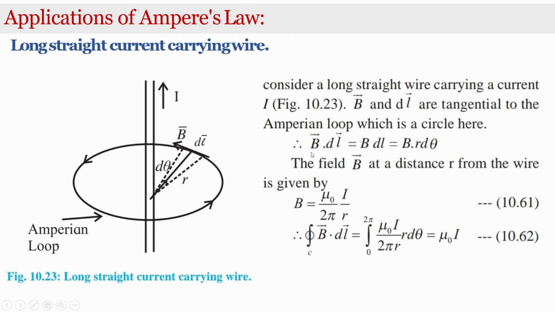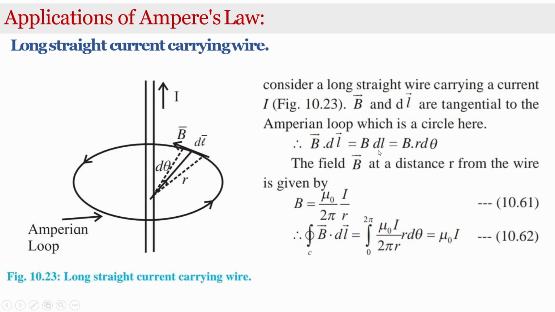Therefore vector B dot vector dl is equal to B dl, that is, B dl cos theta. In that case theta is equal to 0 because B and dl are in the same direction, so cos 0 is equal to 1. So what remains is only B into dl.